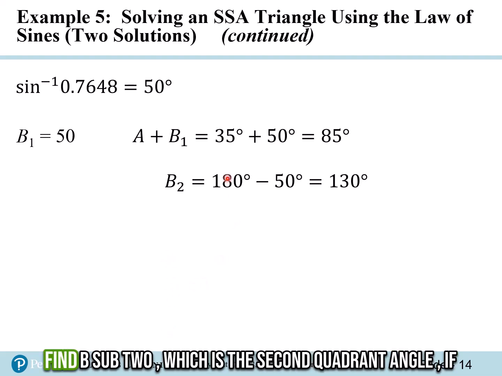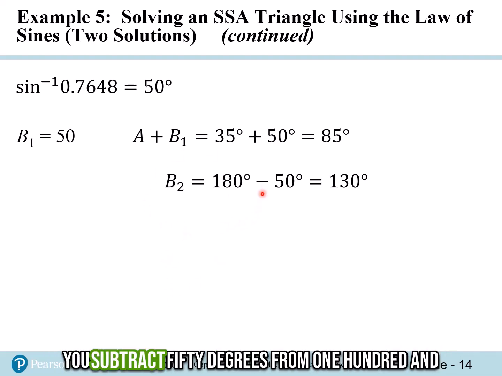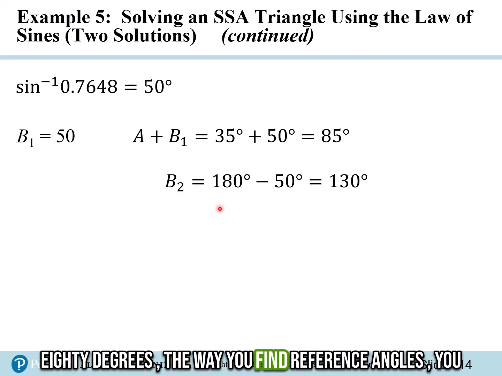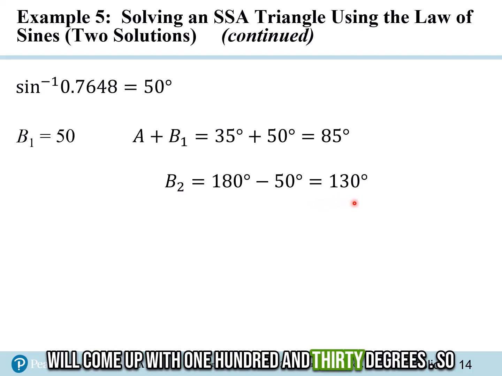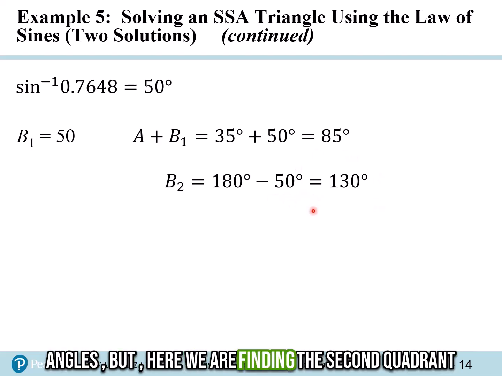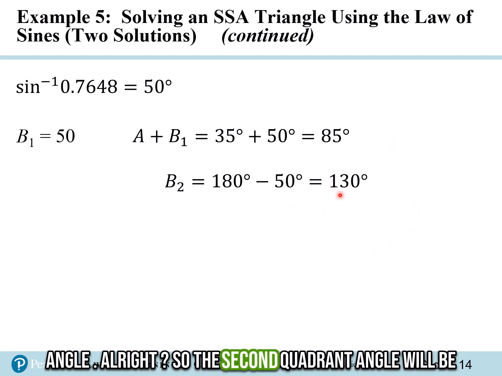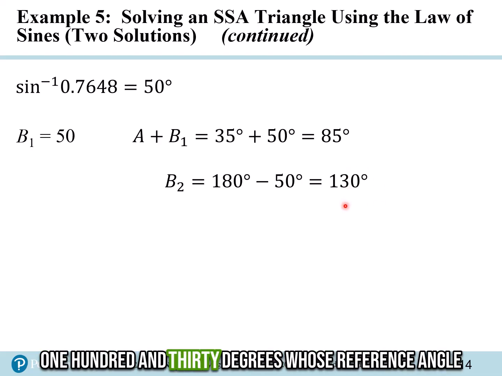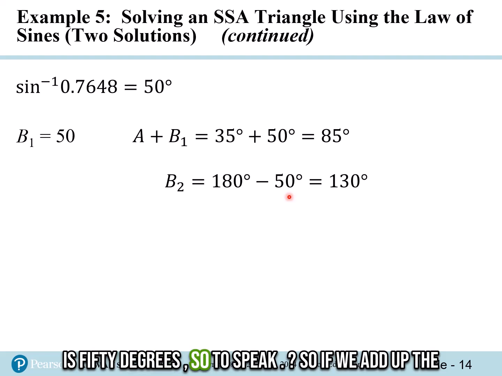Now to find B sub 2, which is the second quadrant angle, if you subtract 50 degrees from 180 degrees, the way you find reference angles, you will come up with 130 degrees. So we are essentially using the formula for reference angles, but here we are finding the second quadrant angle. All right. So the second quadrant angle will be 130 degrees, whose reference angle is 50 degrees, so to speak.